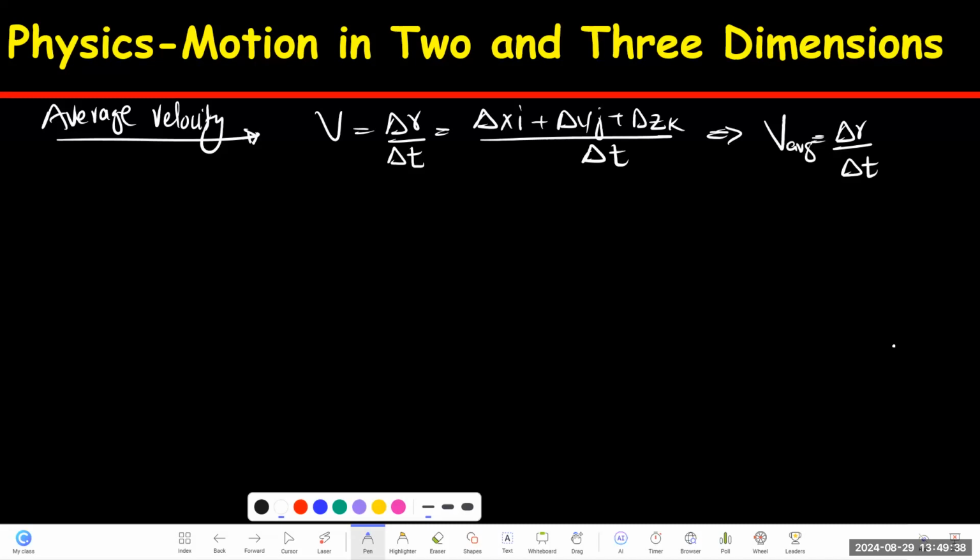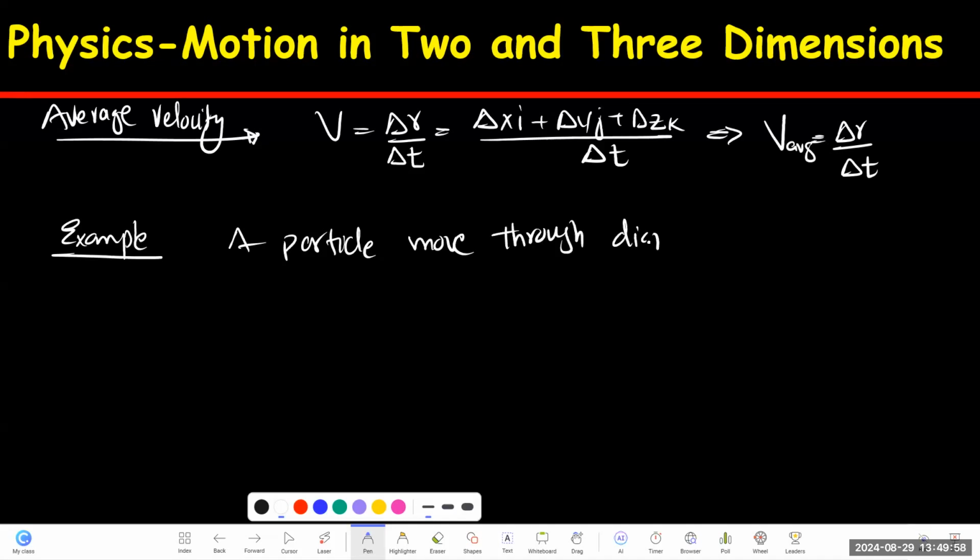So let's suppose I'm given a vector, for example, a particle with displacement, and the vector is given as 12 meter i plus 3 meter j.